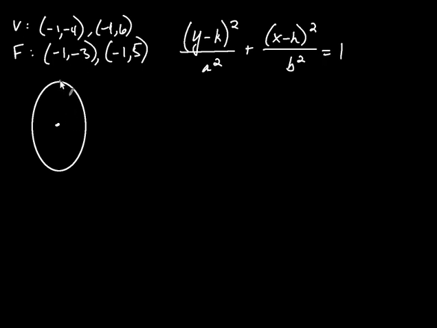Because you have a vertex here and a vertex there, and the center of the ellipse lies between those 2 points. So the midpoint, that is the center, we're going to take by averaging the x-coordinates. So it's going to be, let's write -1, right? I take this x-coordinate and I add it to that one. So -1 plus -1.